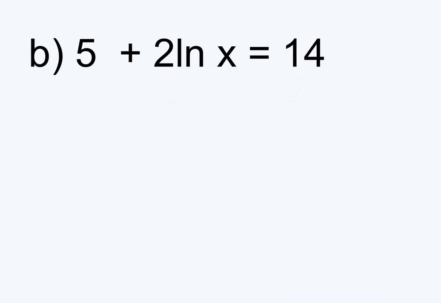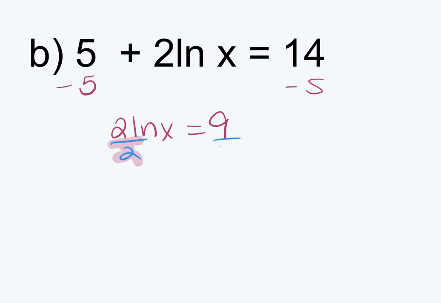All right, what's step 1 for B? Subtract the 5. I got to isolate this ln. So 2 ln of x would equal 9. Then what? Divide by 2. Now the ln is by itself.